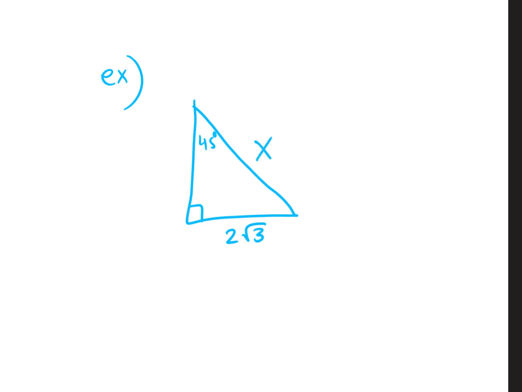So another extra example. We'll have a 45, 45, 90 triangle. And let's say that this side was 2 square root 3, and it asks us to find the hypotenuse.